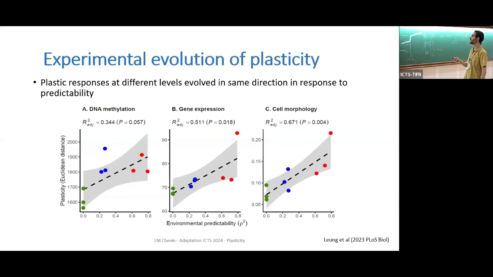We did this against environmental predictability and found the same direction of response as we found for cell morphology that I showed you before. We remeasured this experiment and found the same relationship, but when you look at transcriptome differences between salinity, they were also lower in the population that evolved in low predictability.